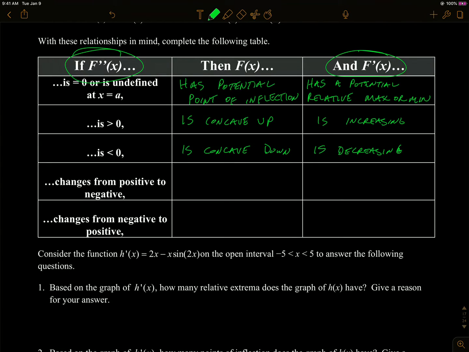Whenever the second derivative changes from positive to negative, the original has a point of inflection, changing from concave up to concave down. On the first derivative, when the second derivative changes from positive to negative, the first derivative has a relative maximum.